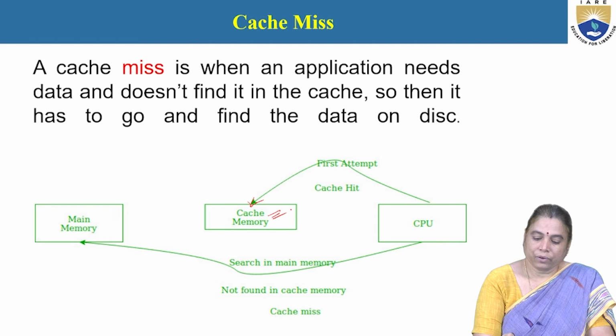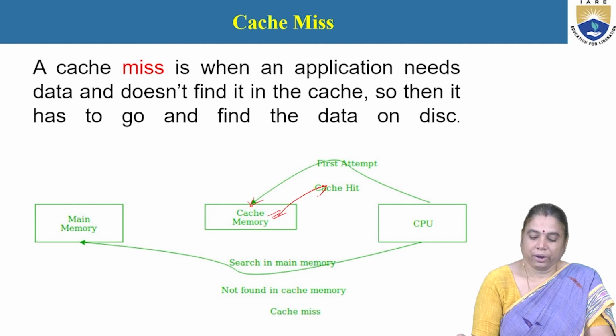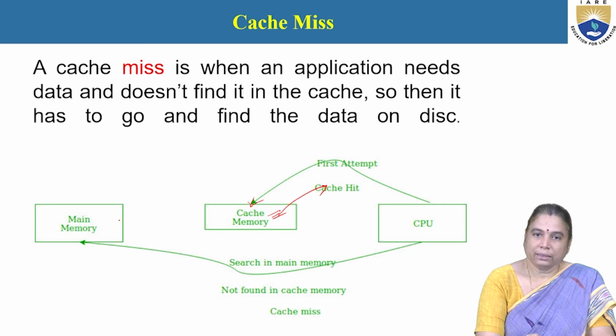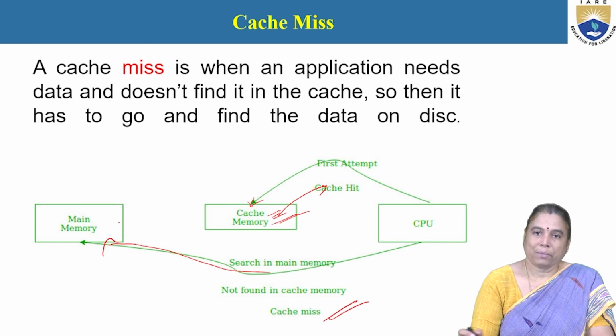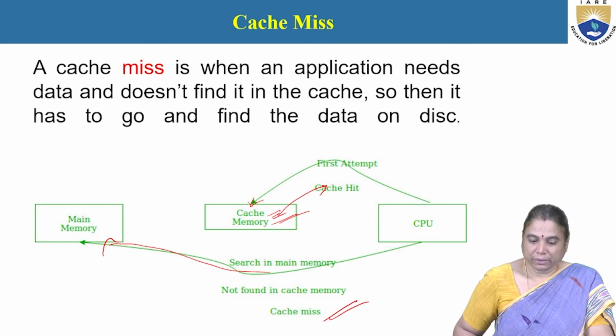If it is found, then it is a cache hit. No need to search in the main memory. If it is not found, then it is a cache miss. So the CPU has to go and check in the main memory for the required instruction or data. So that is the cache miss.